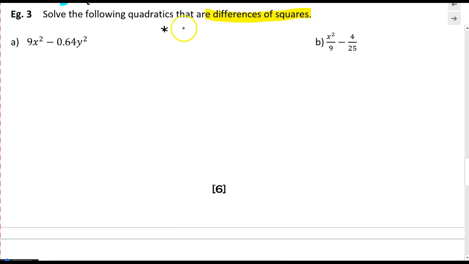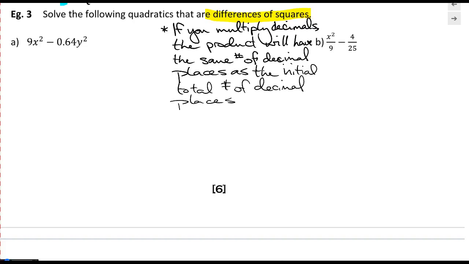But the key thing is that if you multiply decimals, then your product will have the same number of decimal places as the total number of decimal places in your starting numbers.